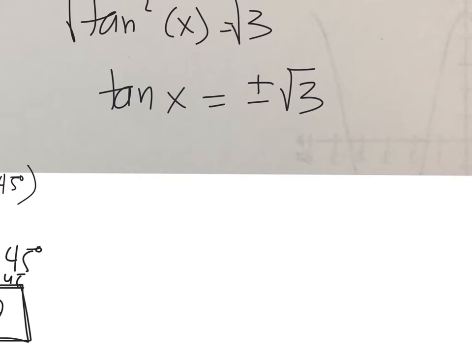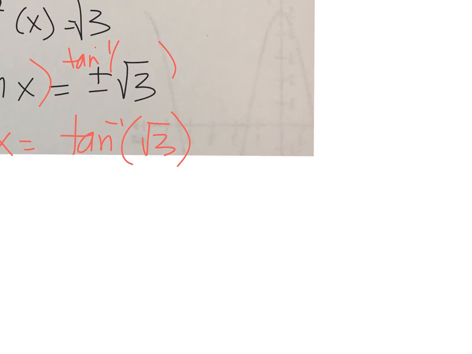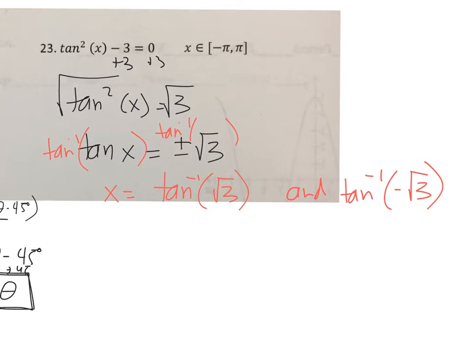So then getting rid of tan by inversing, remember we're going to inverse to get rid of the trig to get x by itself, we are looking at the angles where the tangent is root 3 and where the tangent is negative root 3. But from negative pi to pi.